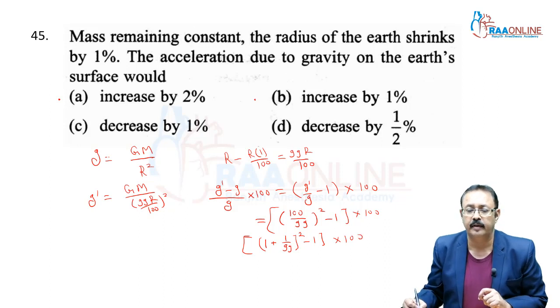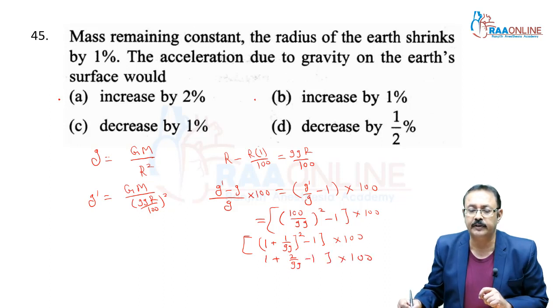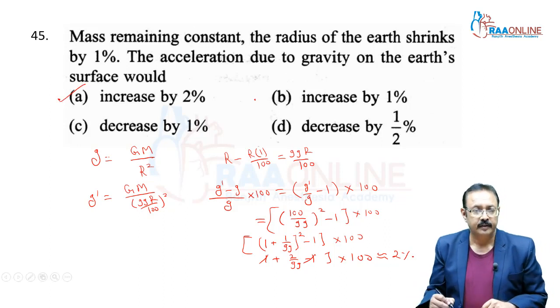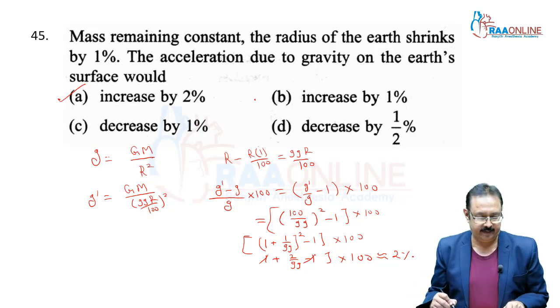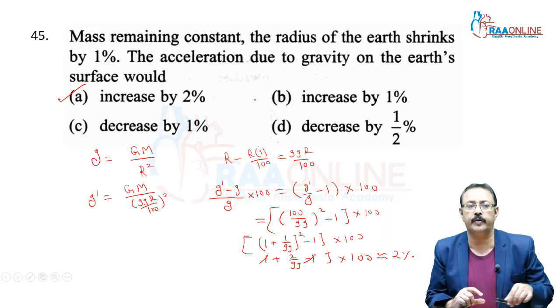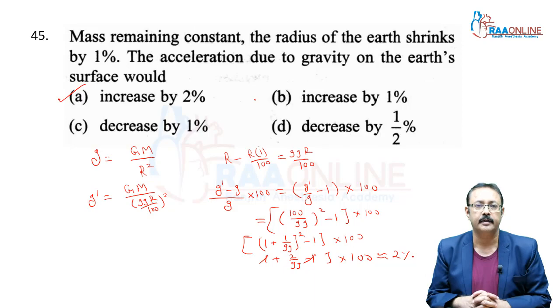Using the binomial expansion, we write (1 plus 2 by 99 minus 1) multiplied by 100. The minus 1 is cancelled out with this. So nearly we are getting 2%. So it increases by 2%. So we are going with A. So in this way, it is the completion of your gravity and gravitation. Thank you.